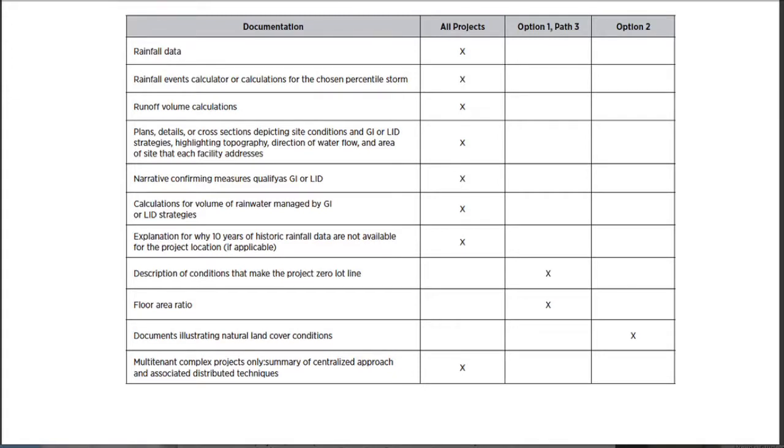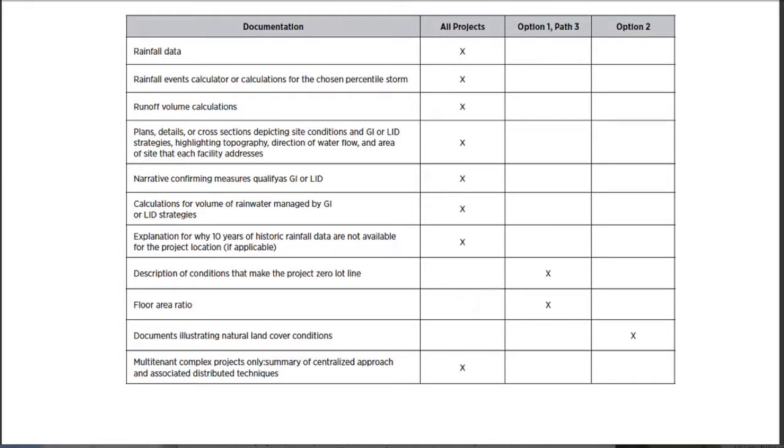Here is a chart showing the required documentation needed to achieve the rainwater management credit. All projects must have rainfall data, rainfall events calculator or calculations for the chosen percentile, and runoff volume calculations.